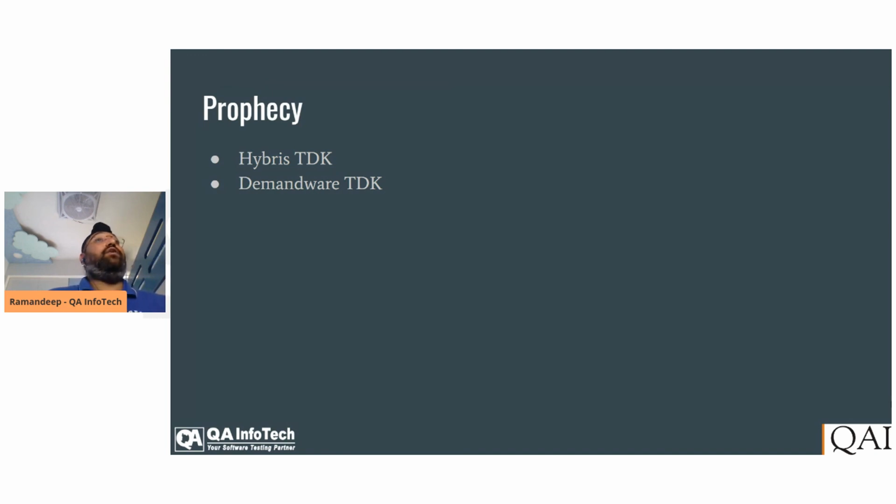Then for Demandware, we worked in the past on a bunch of e-commerce applications that were built on top of Demandware, where we were consuming the API of Demandware directly to do some data validation on top of the automated tests that were built using Selenium.